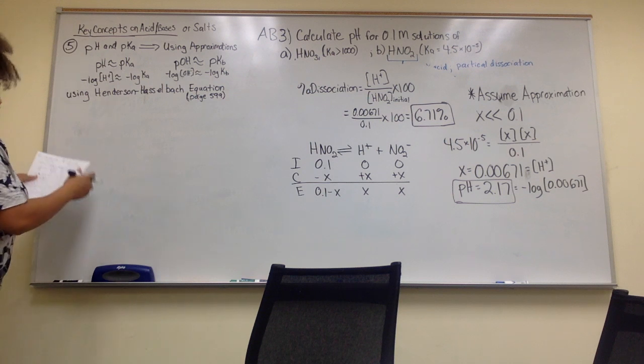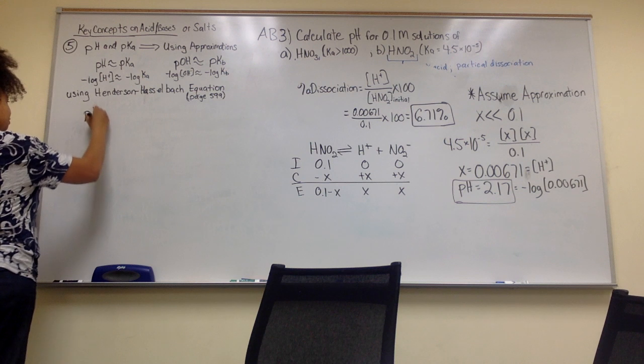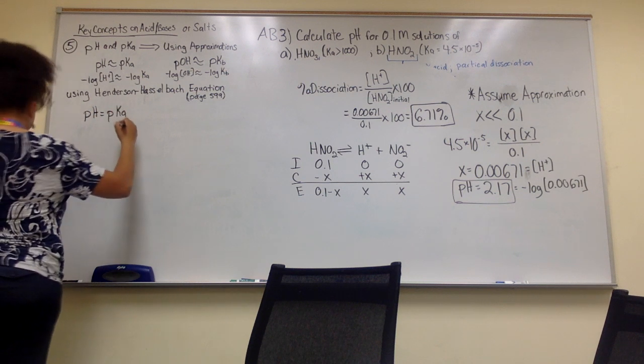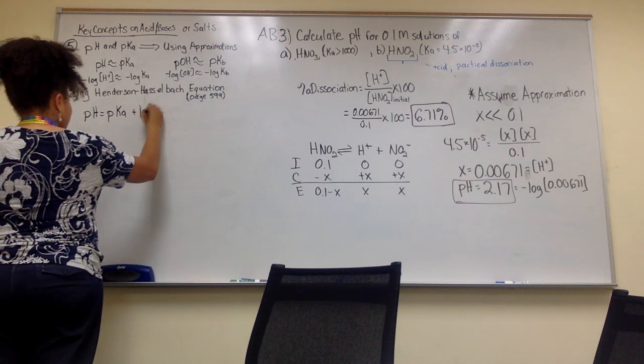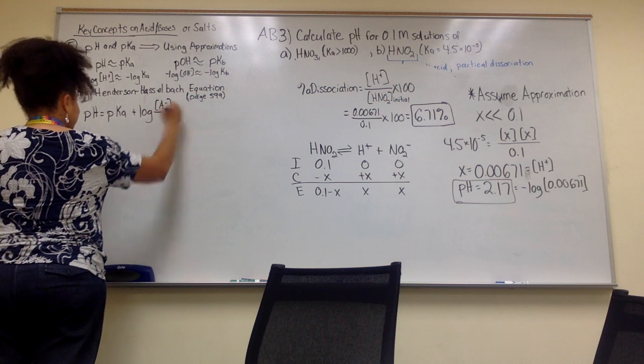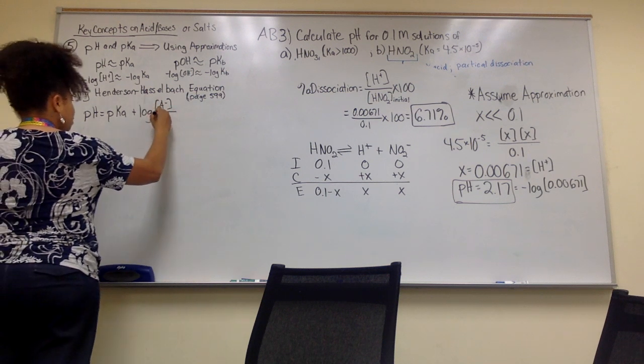So the Henderson-Hasselbalch equation for pH is equal to the pKa plus the log of conjugate base, that's what this A minus is, conjugate base over acid.